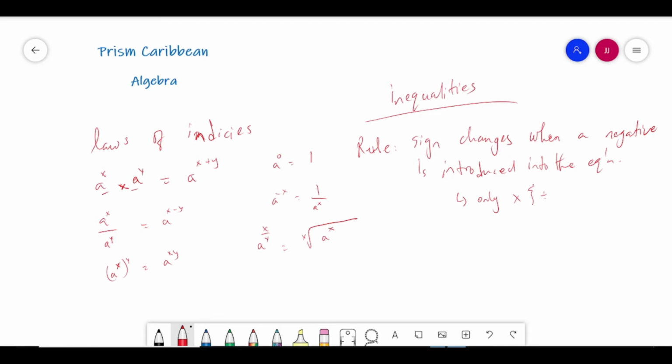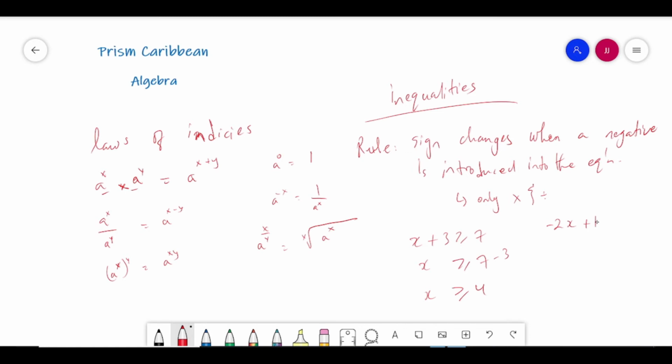So again, this follows the same procedure, except an inequality symbol or sign is used. For instance, if we have something like x plus 3 is more than or equal to 7, we just work out what we do, it's just that we have a sign in place. The sign is, of course, more than or equal to. So we have 7 minus 3, and then we have x is more than or equal to 4. Same thing again.